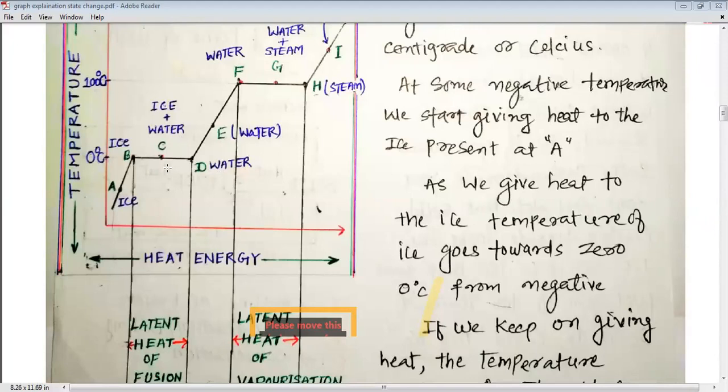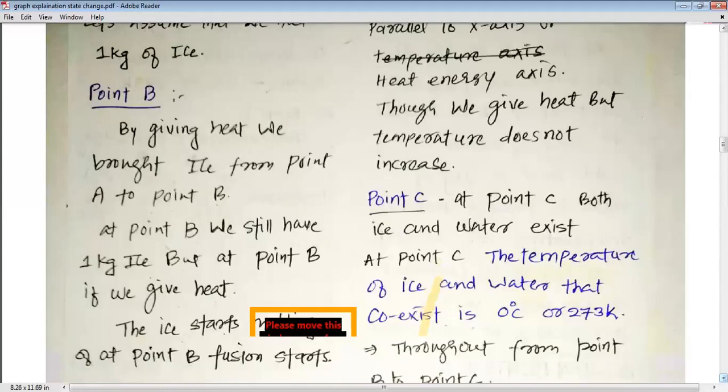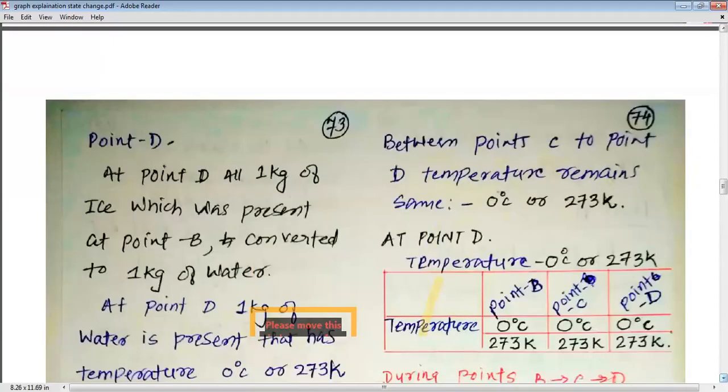This is because of the heat energy that we have given from point B to point C to point D. Remember, my dear students, that even at point D, the temperature of the 1 kilogram of water has not increased. The temperature is still 0 degrees centigrade.